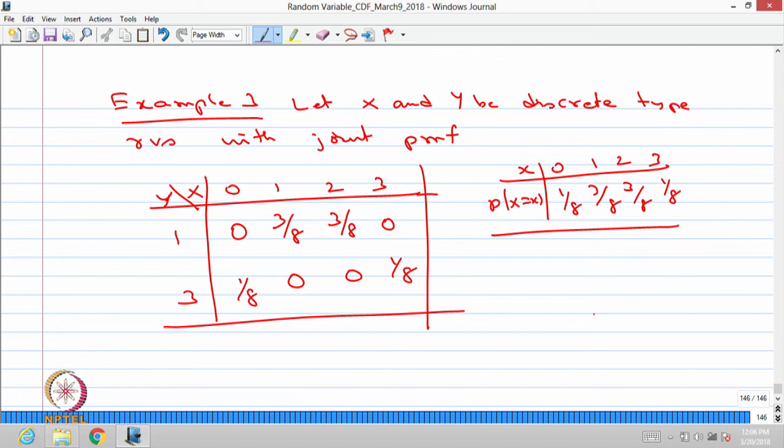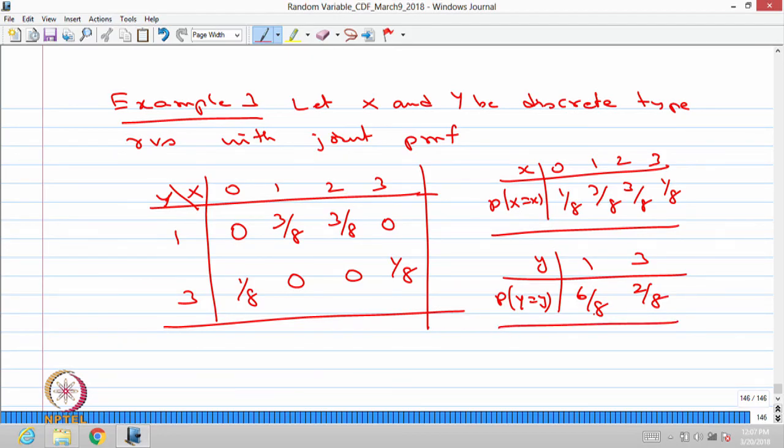So this is the probability mass function of x, and similarly the probability mass function of y, for 1 and 3: 1 takes the value 6 by 8 and 3 takes the value 2 by 8. So this is the probability mass function of y.